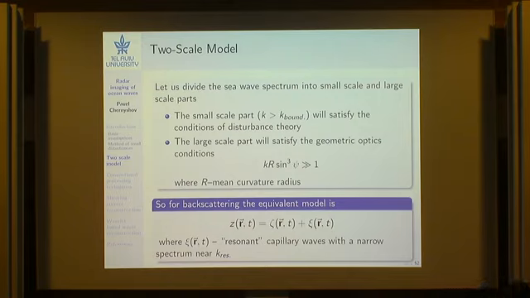We use this random function: it's resonant capillary waves with a narrow spectrum near the resonant wave number, and this is the slow variation due to the longer waves. For this small scale part, we assume the conditions of perturbation theory. For the large scale, we assume the geometric optics conditions.